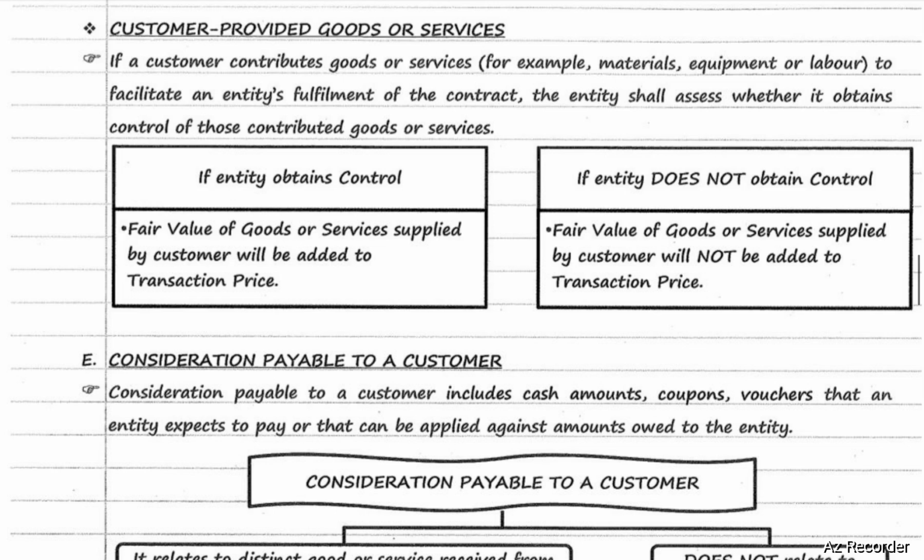If the entity obtains control, then the fair value of goods or services supplied by the customer will be added to the transaction price. If the entity does not obtain control, then the fair value of goods or services supplied by the customer will not be added to the transaction price. So if control is obtained, it will be added to the transaction price. If control is not obtained, it will not be added to the transaction price.